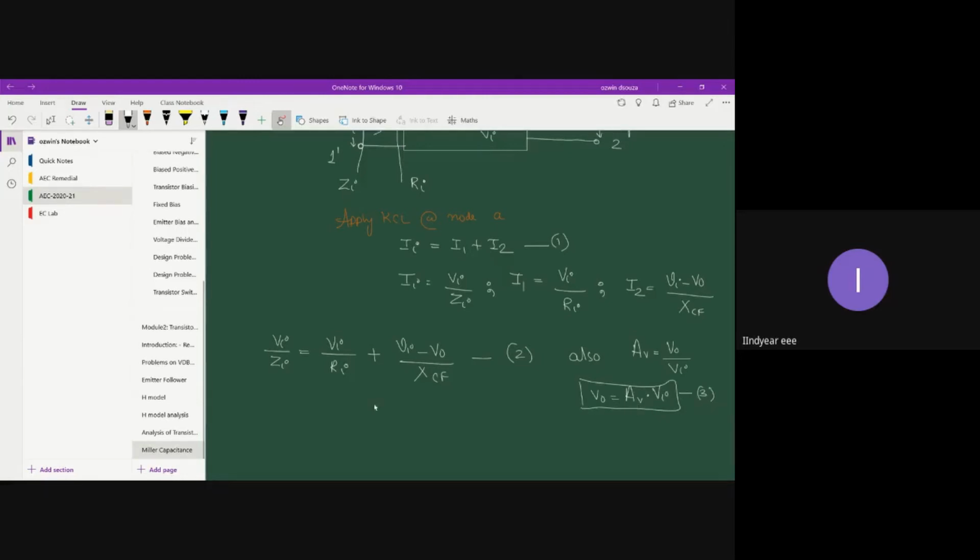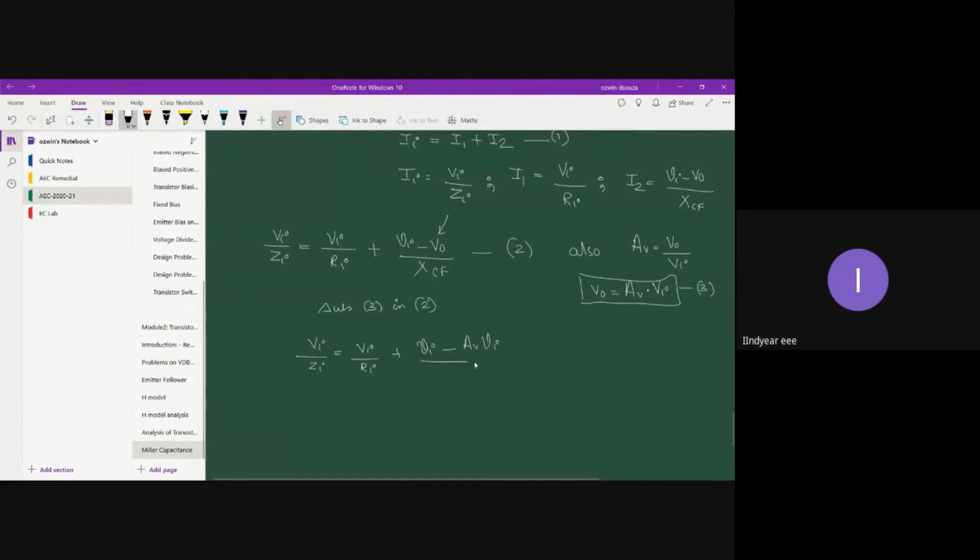We shall take it as equation 3. Then substitute 3 in 2. You will get Vi by Zi is equal to Vi by Ri plus Vi minus V0, where V0 is gain times input voltage, divided by XCF.